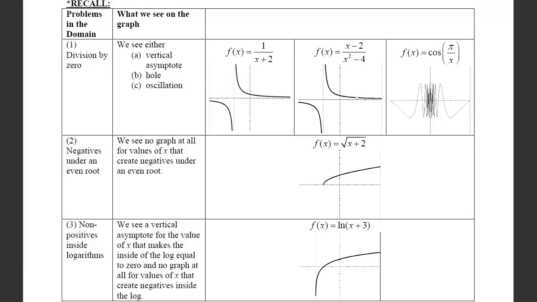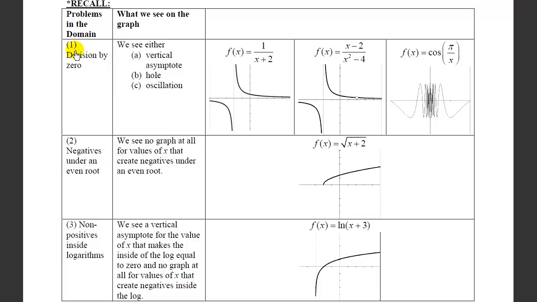What I hope you will recall is that vertical asymptotes occurred in your Algebra 2 classes and in your pre-calculus classes whenever you ran into problems in the domain. You never had vertical asymptotes outside of those problems. So that means we need to remember what caused problems in the domain for us.